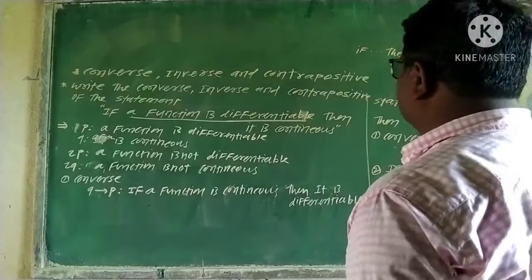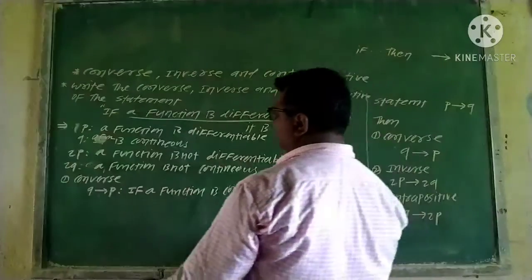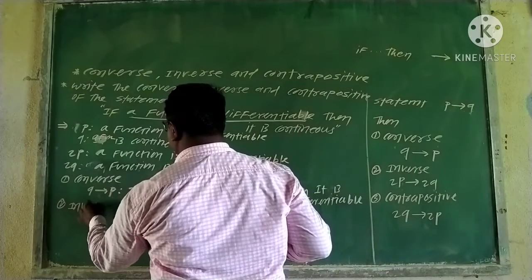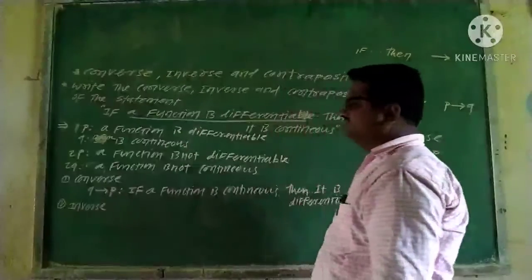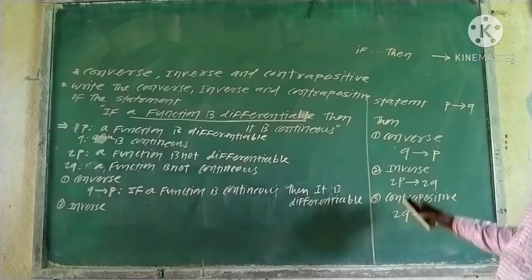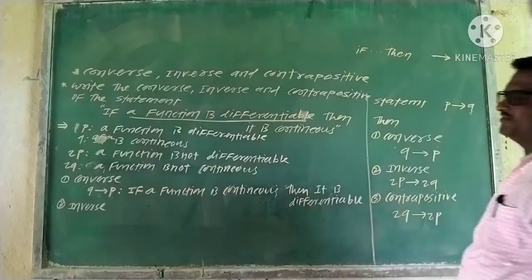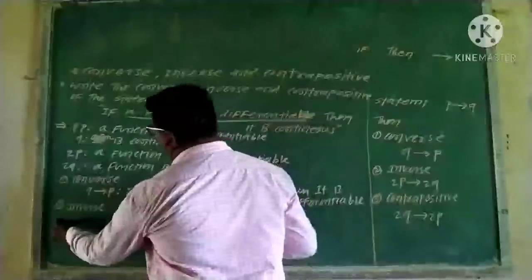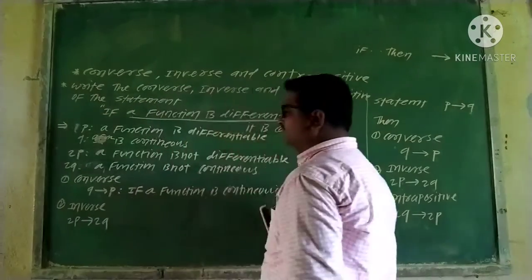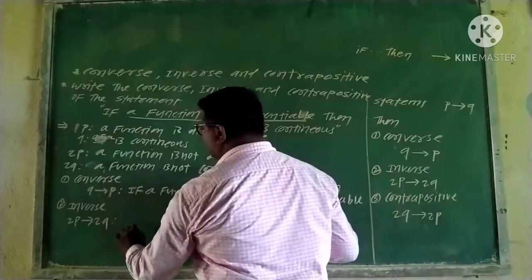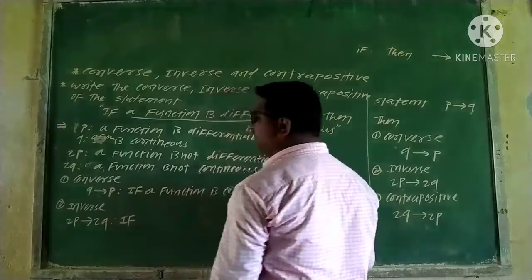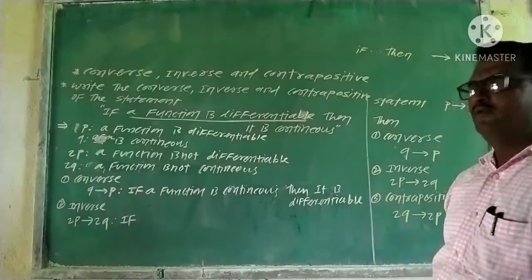Now, the inverse. Inverse is negation P implies negation Q. Here the logical connective is implies, so we can write: if, then.